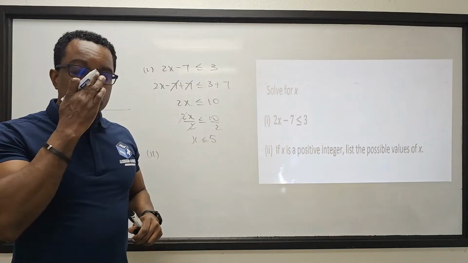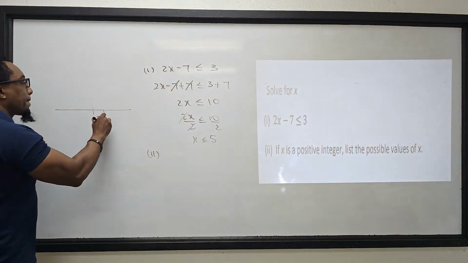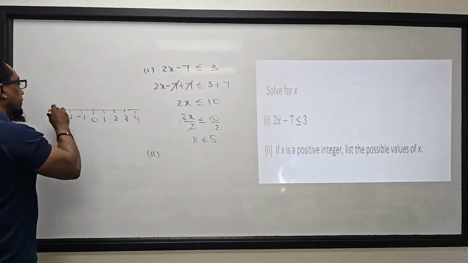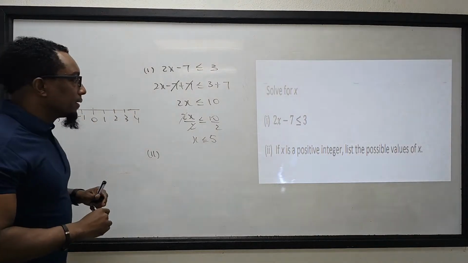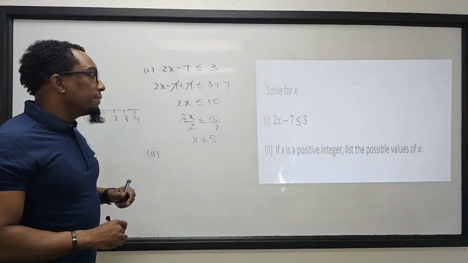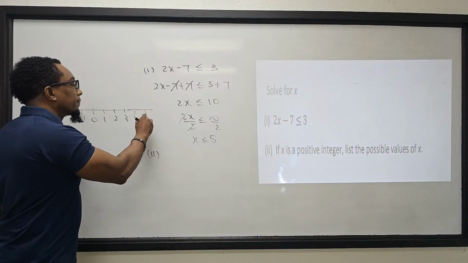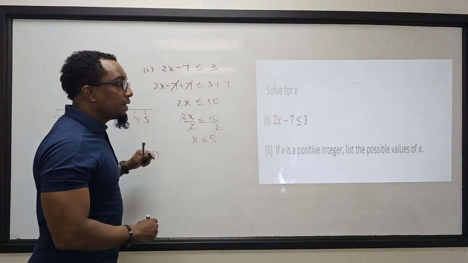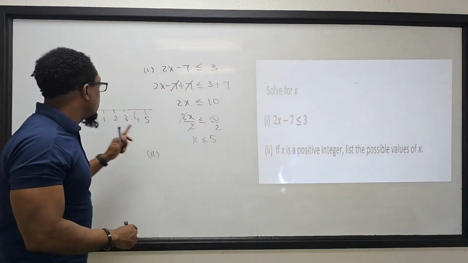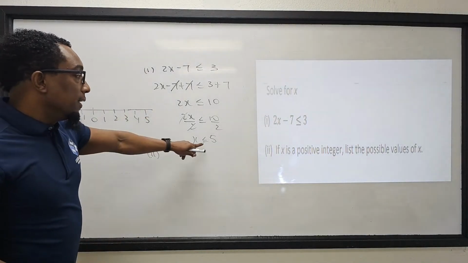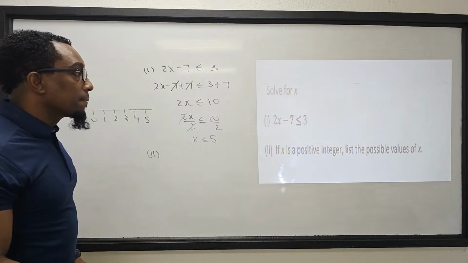But an integer consists of positive and negative numbers. So you want all the values of x that are less than or equal to 5. So you're looking at all the values, all positive integers, less than or equal to 5.